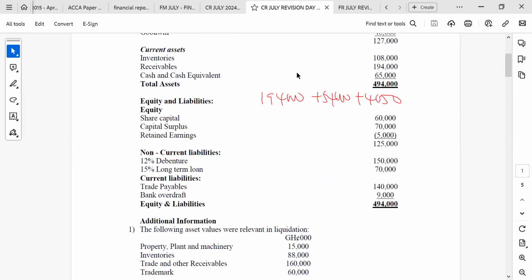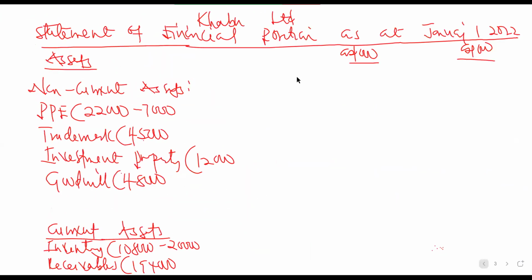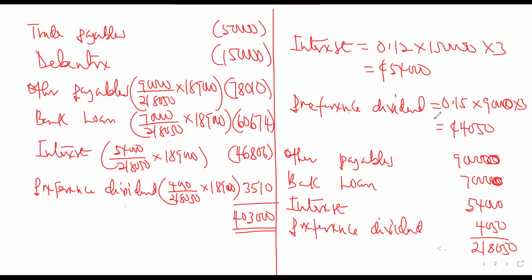Please, where from the 40? Can you come again, please? Oh, don't worry. I'll come. What are the figures that we calculated here? The interest calculated for 3 years is what? 54,000, isn't it?